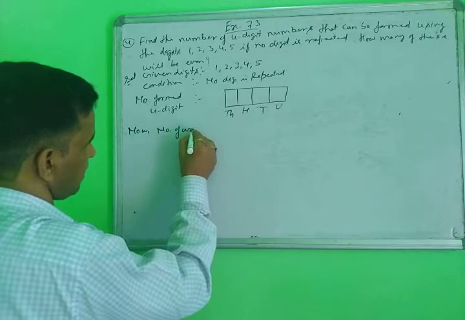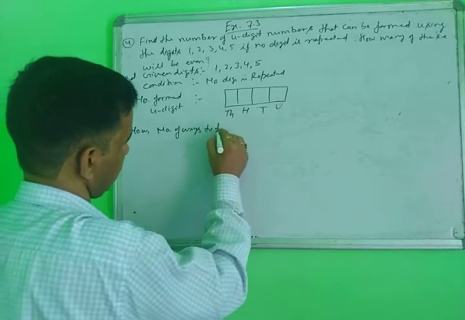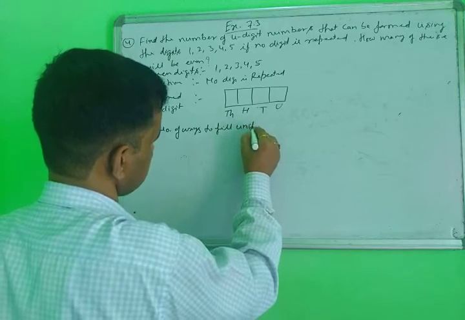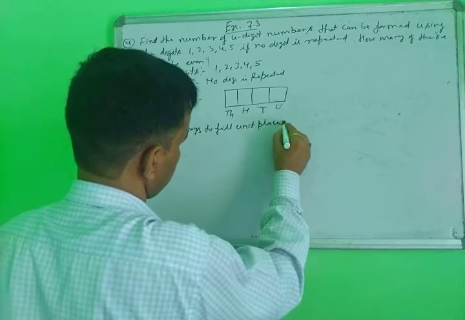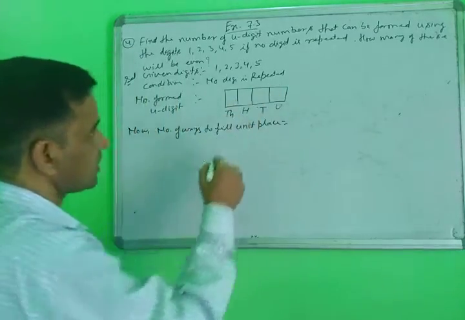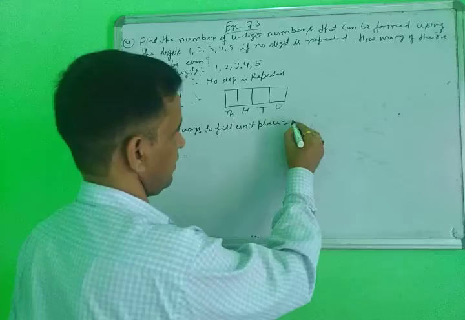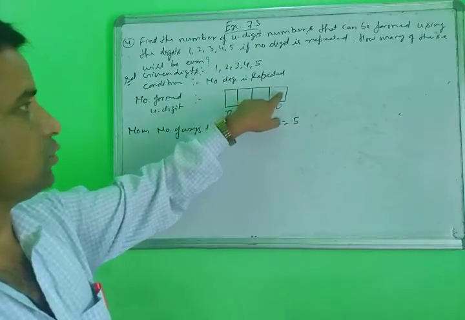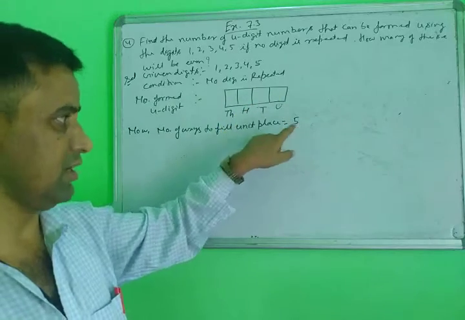Number of ways to fill the unit place is equal to the total digits, 5, so 5 ways. Of the 5 digits, you can fill this unit place in 5 ways.